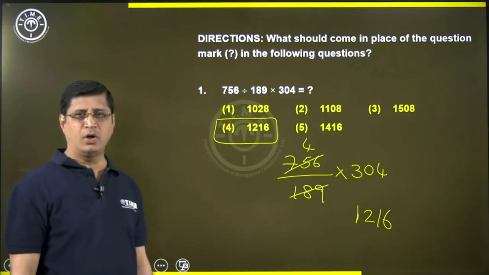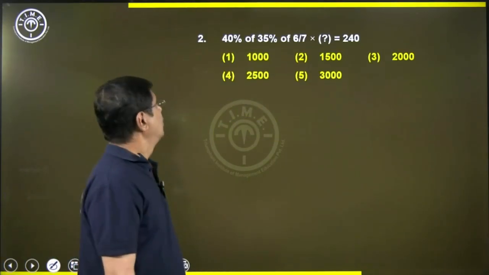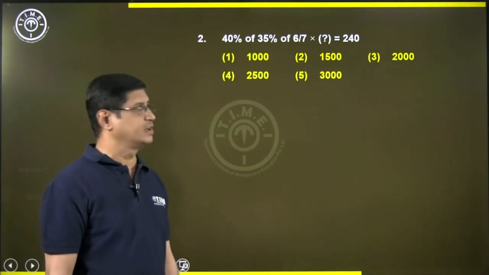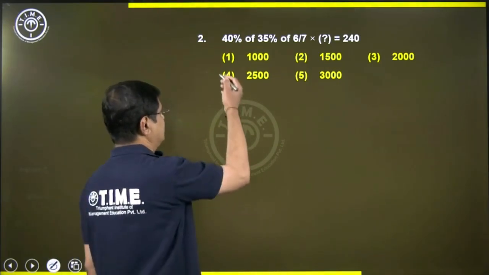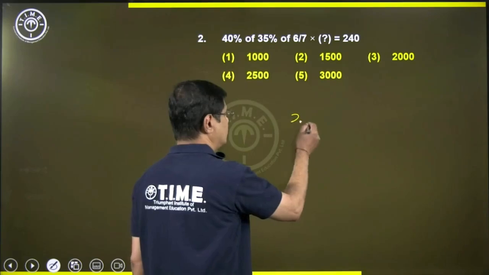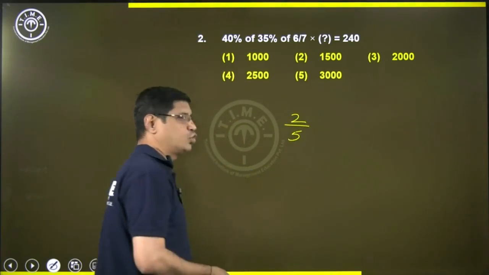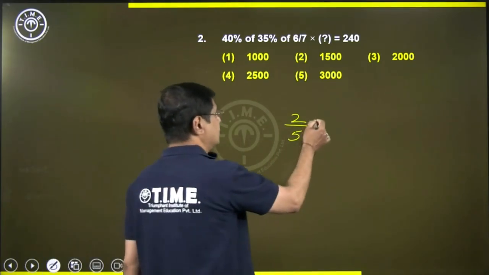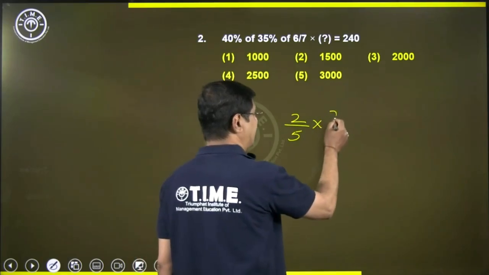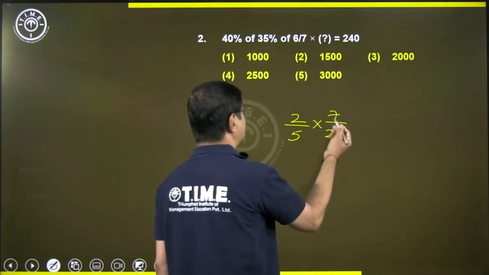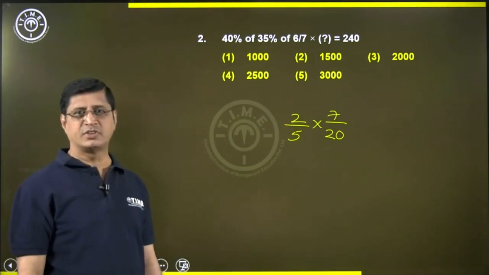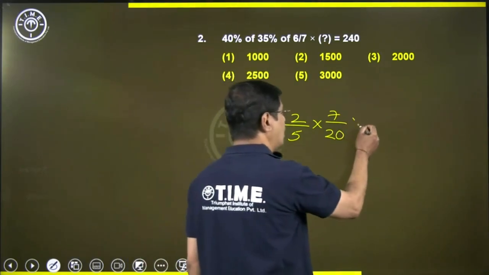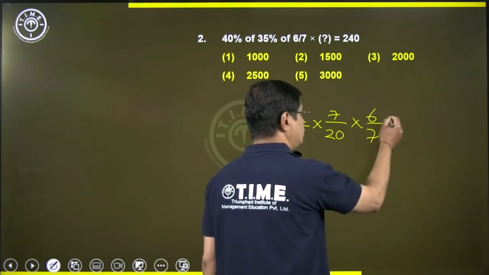Now look at the next example on your screen. 40% of 35% of 6 by 7 of question mark equals 240. 40% is 40 by 100, which is equal to 2 by 5. 1 by 5 is 20%, so 40% is 2 by 5. 35% is 35 by 100, that is 7 by 20, of 6 by 7 into question mark.